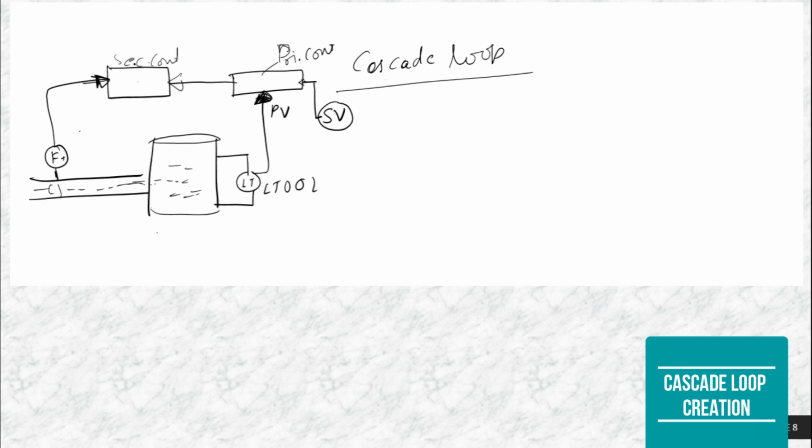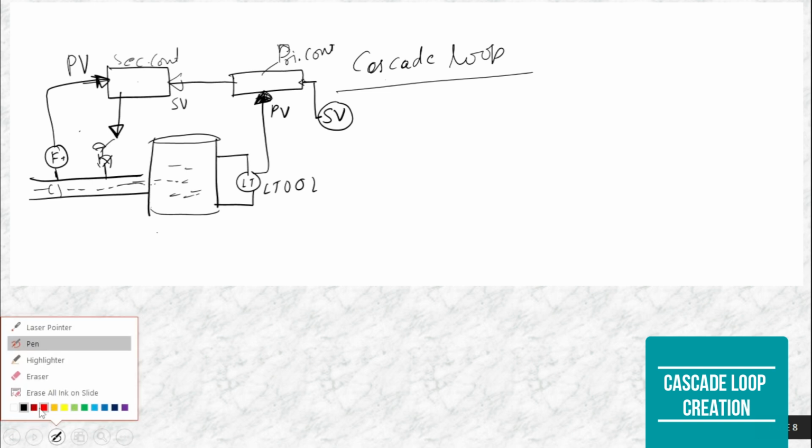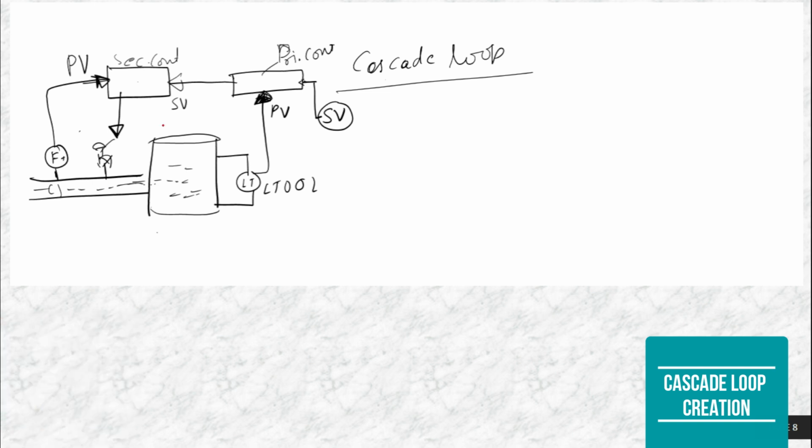For the secondary controller, the set value will be this, the process value will be this, and the output will generate from the secondary controller, and this will go to the control valve here. So this is the control valve.